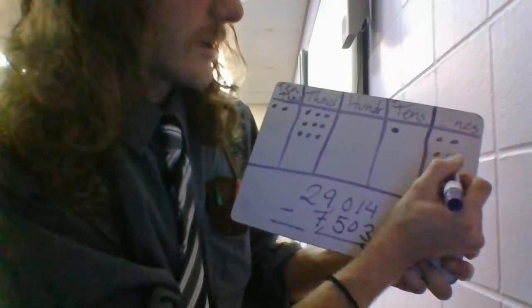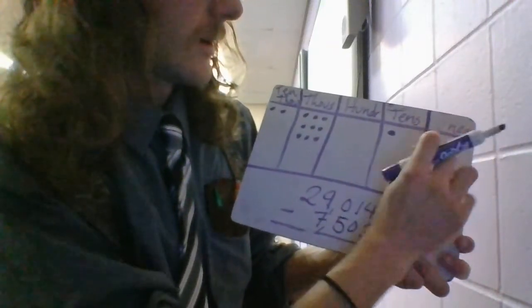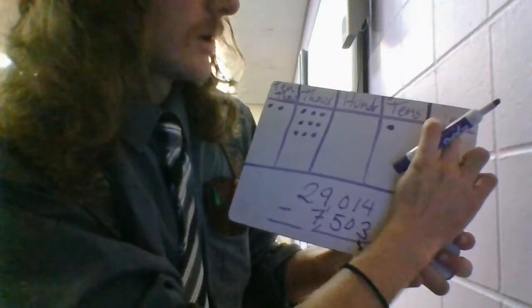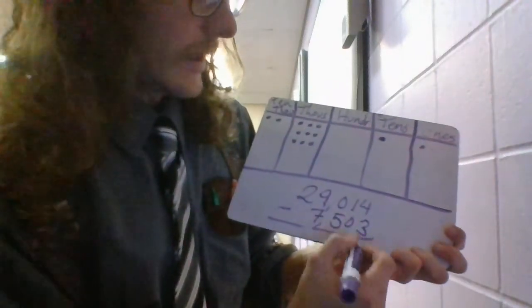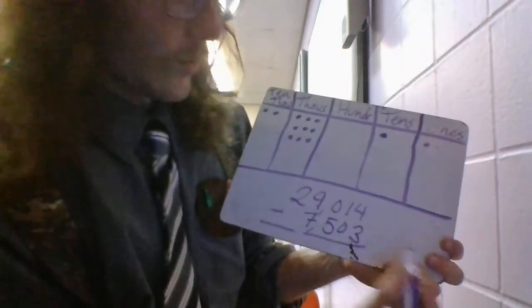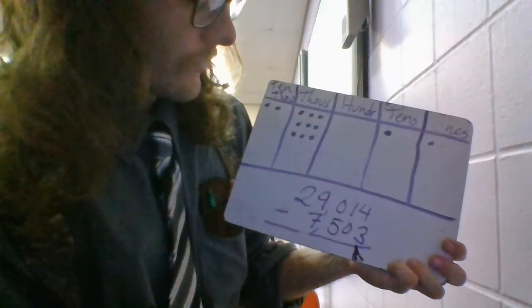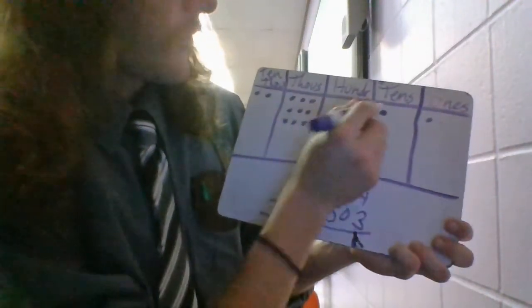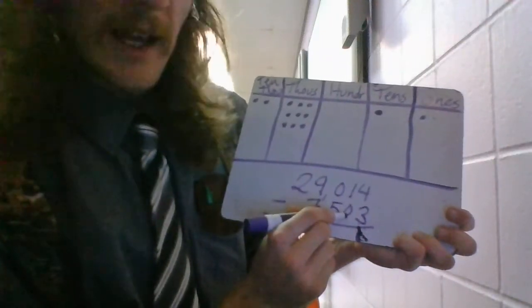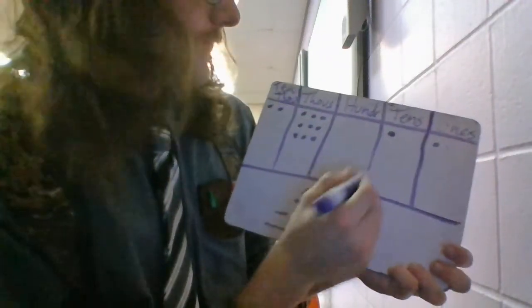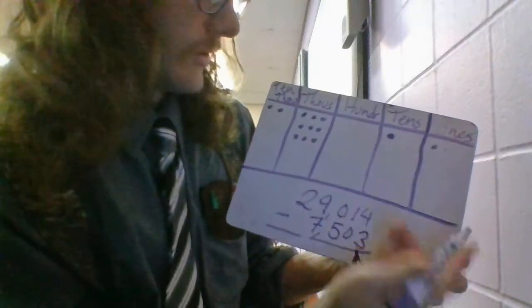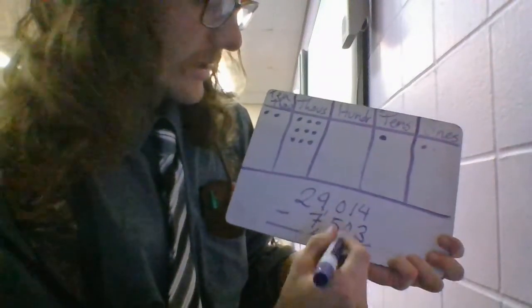So can we take 3 ones away? Yes. 1, 2, 3. And that leaves us with 1 1. We have 1 10 and we want to take 0 away. So how many 10s are we left with if we don't take any away?